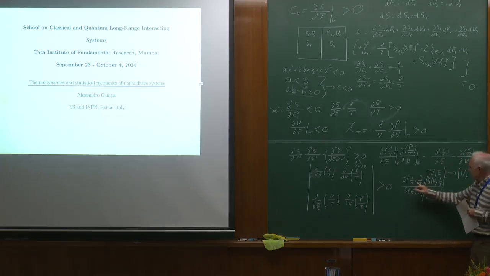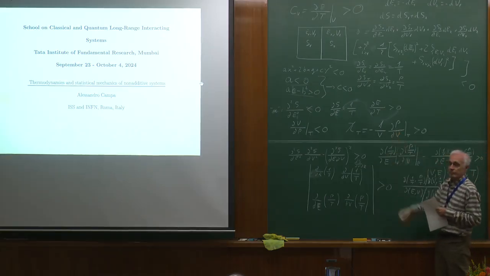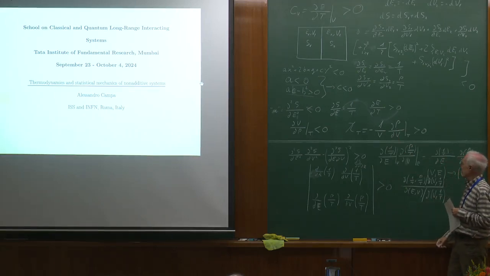But you see, since the two sets of variables have a variable which is coincident, this becomes a single derivative, okay? Both up and down. One of the two derivatives you will find is always positive because it is t cube, so it is positive, and the other gives you this one, dp dv. So you get that the dp dv must be negative.